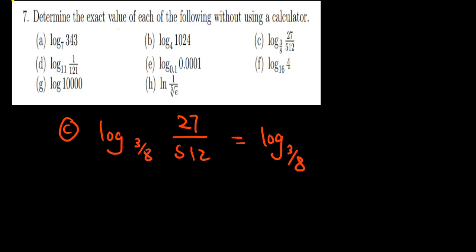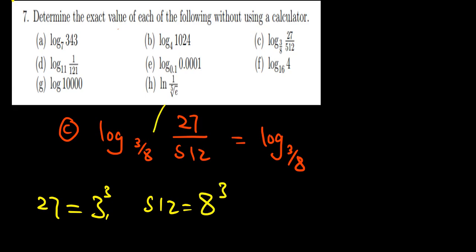We can express 27 as 3 to the power 3, and 512 is the same as 8 to the power 3. So what we have now is 3 to the power 3 divided by 8 to the power 3.